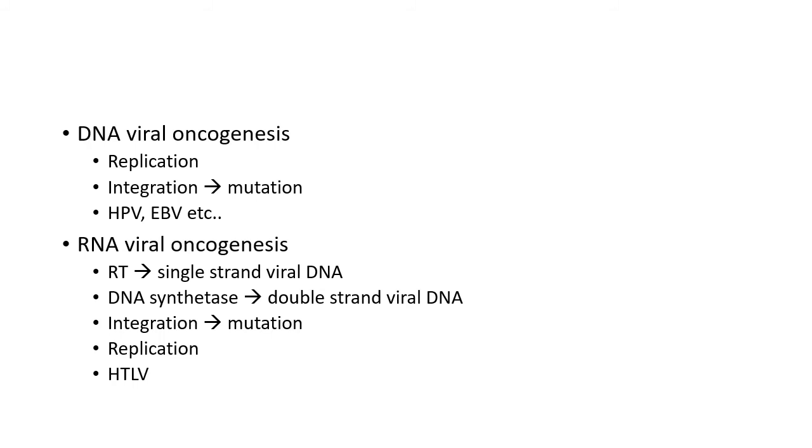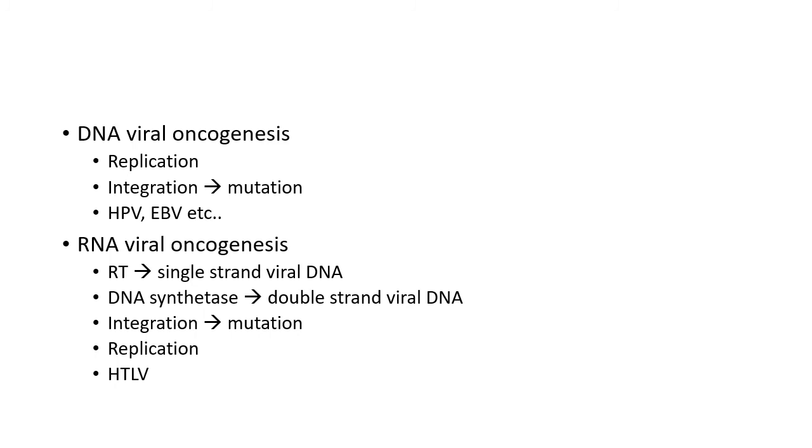Now coming to the mode of RNA viral oncogenesis, these RNA viruses or retroviruses contain two identical strands of RNA and the enzyme reverse transcriptase. With the help of this reverse transcriptase, keeping their RNA as template, they synthesize a single strand of matching DNA.